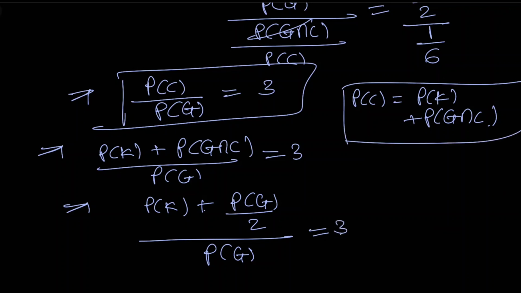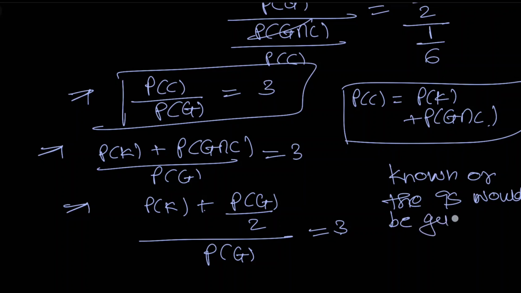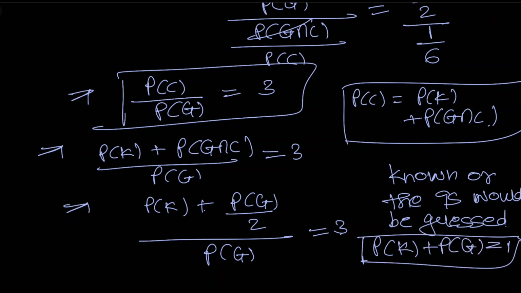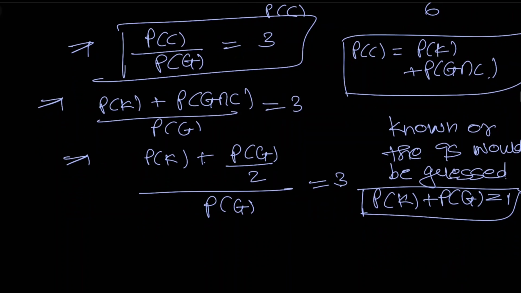Now one more thing is that either a question would be known, or the question would be guessed, which means that probability of knows plus probability of guessed equals 1, because these are the only cases. So sum of all probabilities equals 1.